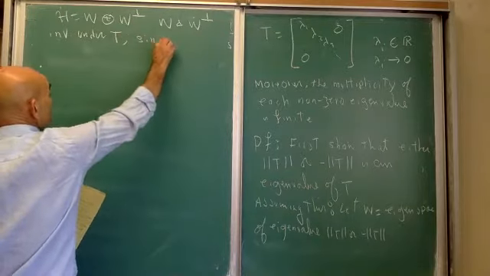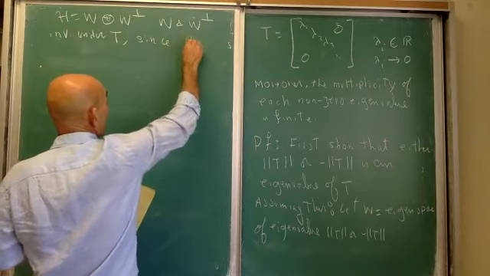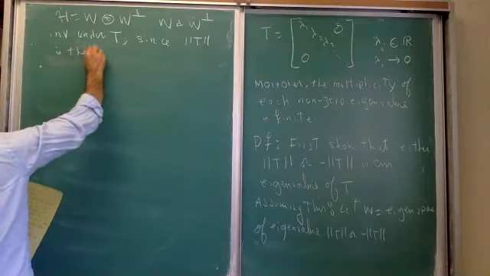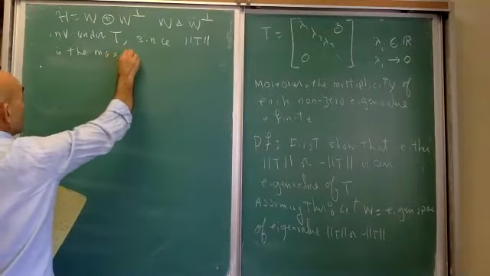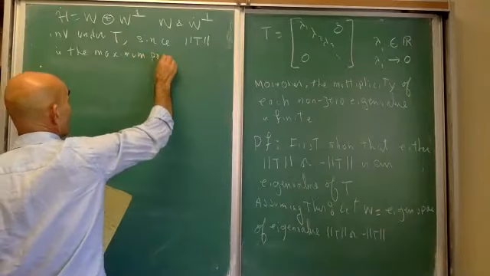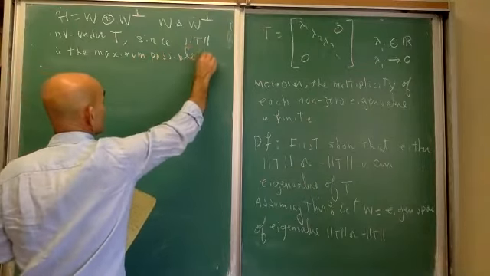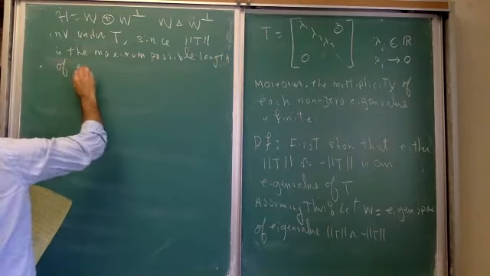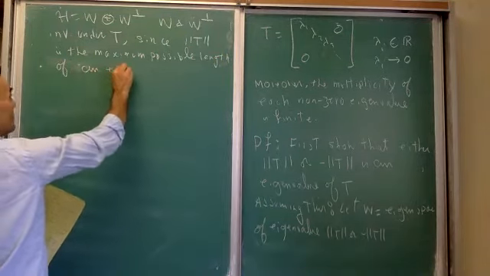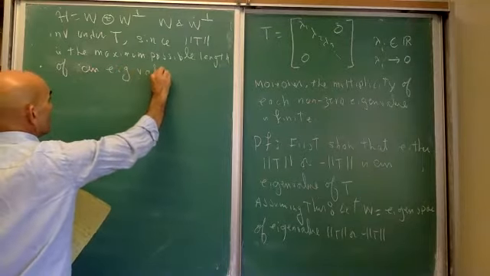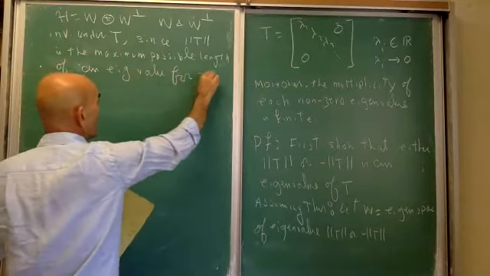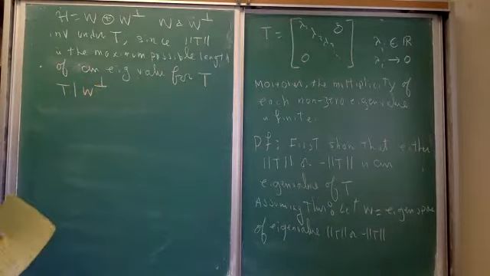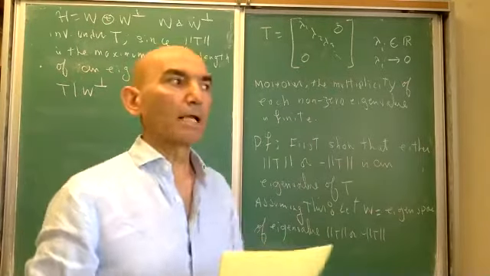That's easy from the definition of norm, you can see. Since the norm of T is the maximum possible length of an eigenvalue for T, if you look at T restricted to W perp, it's again a compact operator.